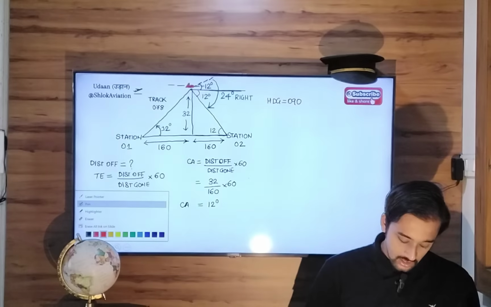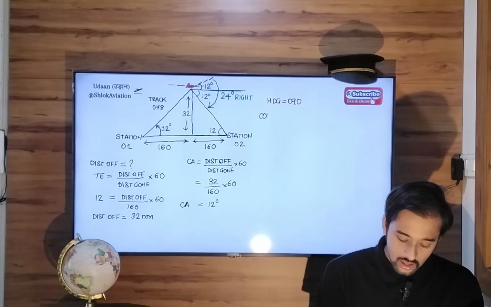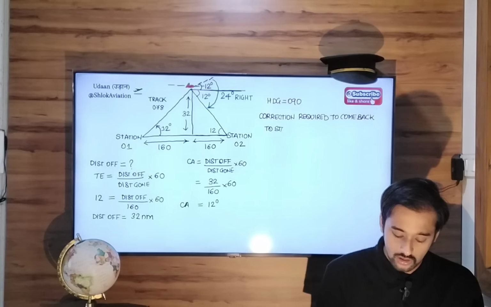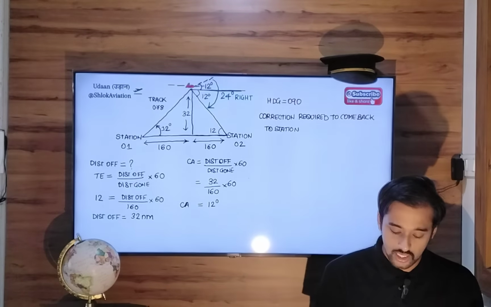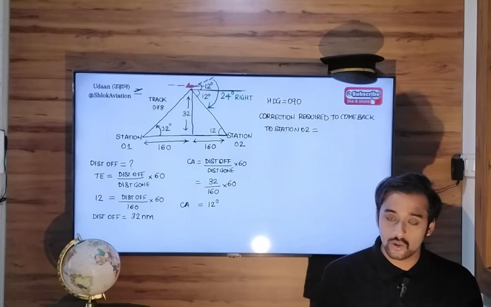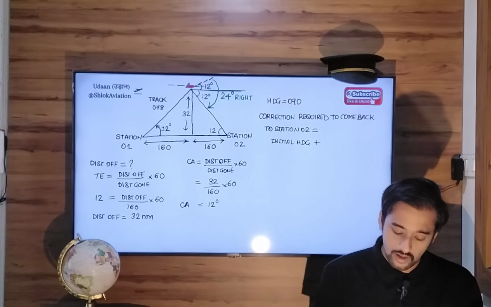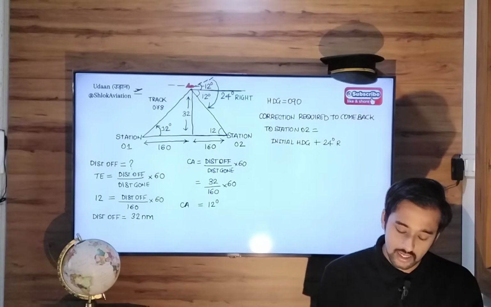So the correction required to come back to station number 2 is equal to your initial heading plus 24-degree right turn.